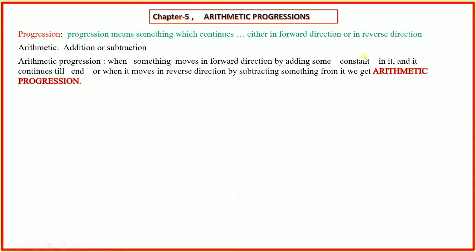Every time I am adding the constant 10 to the previous one, and that is forward movement. Similarly, if I subtract something, I'm at origin 0 and my direction is reverse, so I have to subtract: minus 10, minus 20, minus 30, and so on. This type of progression is called arithmetic progression.